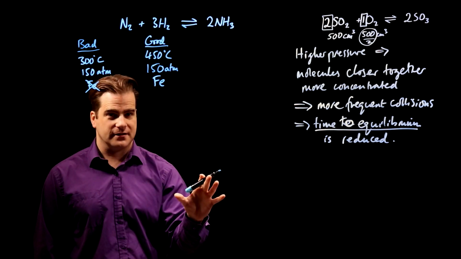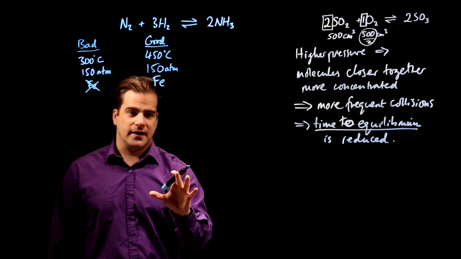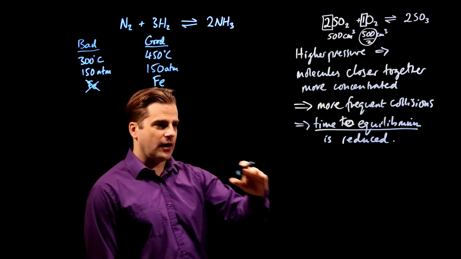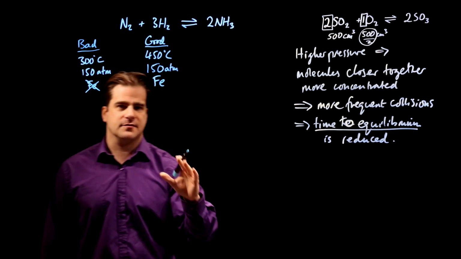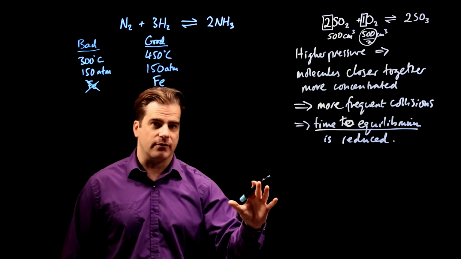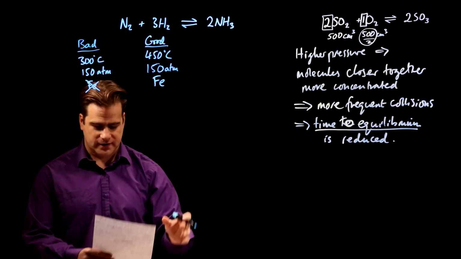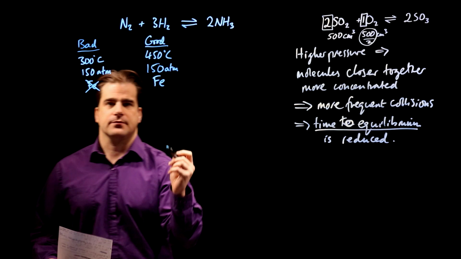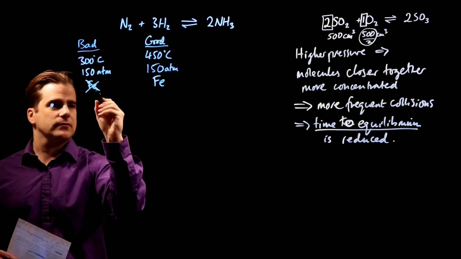And there's a difference. So learn that right now. Never write a catalyst lowers the activation energy. That's wrong. What you should write is, a catalyst provides an alternative reaction pathway with a lower activation energy. Okay, so that's the first thing. So, that would be a good thing to start with.